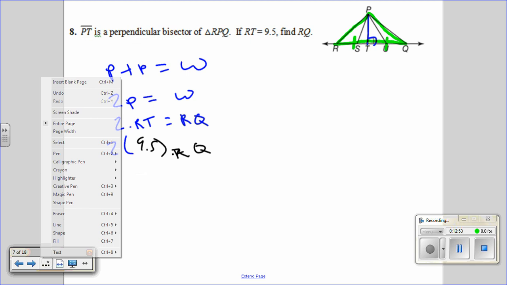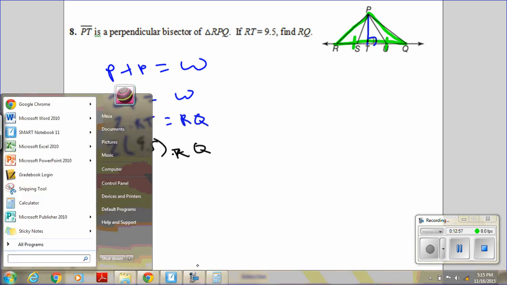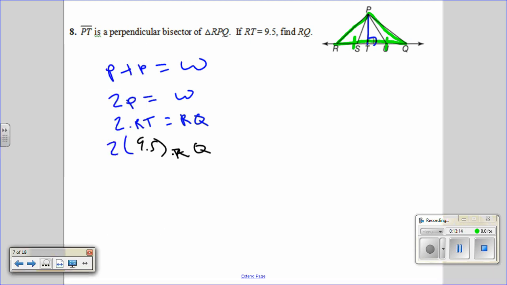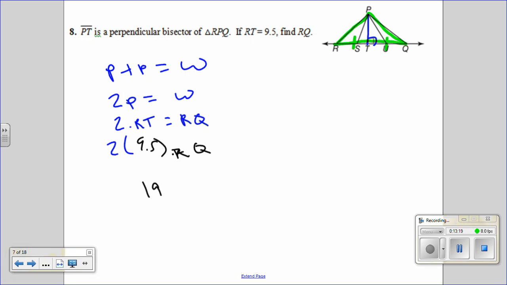Let me take off the pen tool. 19. All right. So 19 is equal to RQ.